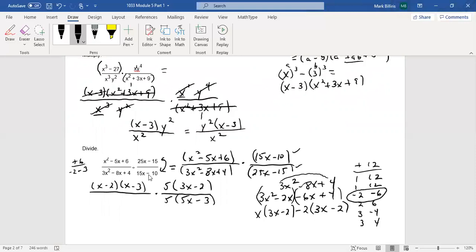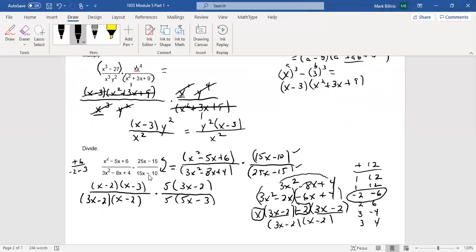And again, my greatest common factor, 3x minus 2, and the values on the outside make up my other factor. So 3x squared minus 8x plus 4 would factor to 3x minus 2 and x minus 2.